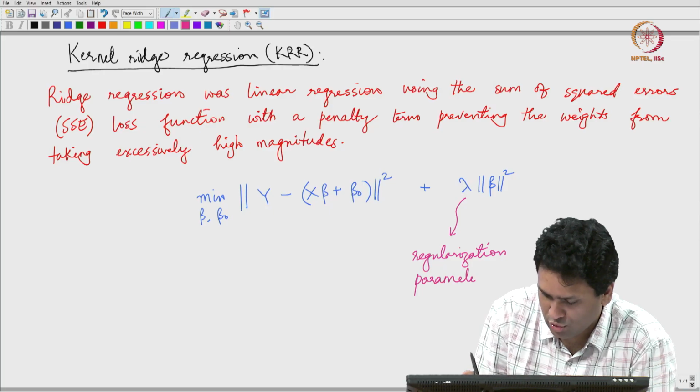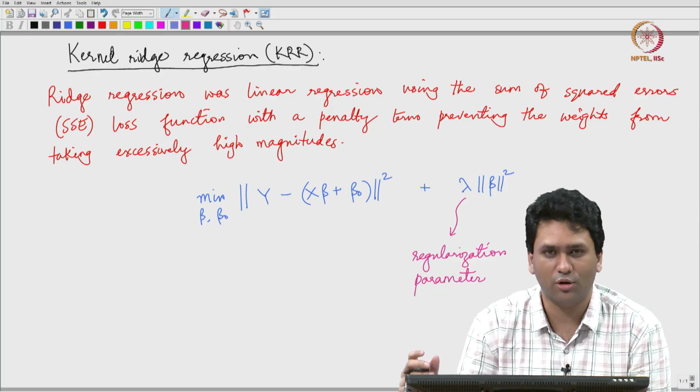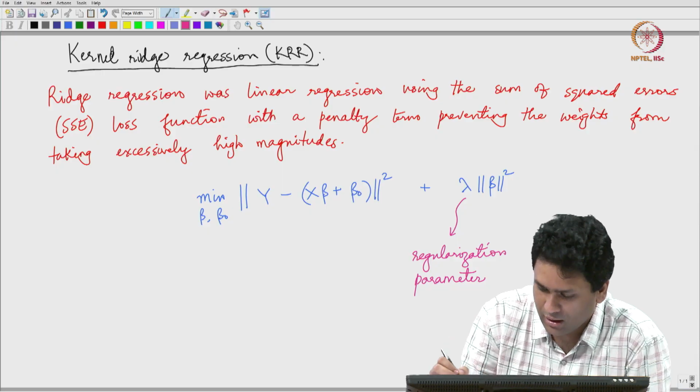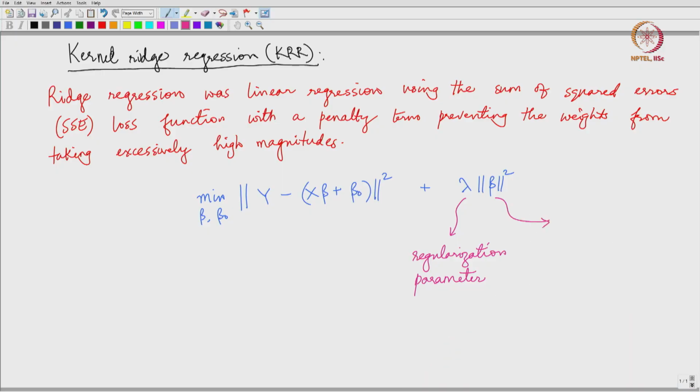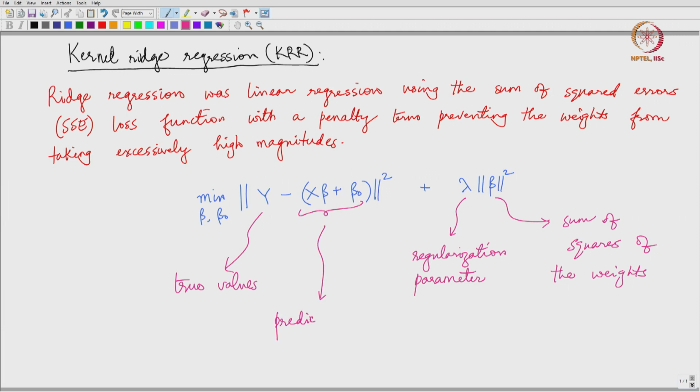If lambda is 0, you go back to linear regression, and the higher the value of lambda, the more penalty you are having on the sum of squares of the weights. And for the sake of completeness, this is the vector of true values and these here are the predicted values. And we wanted to find the optimal values of the weights and the biases.